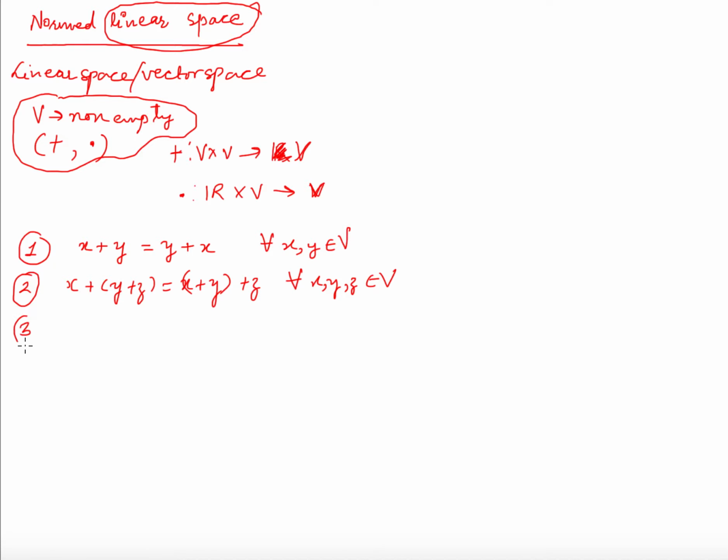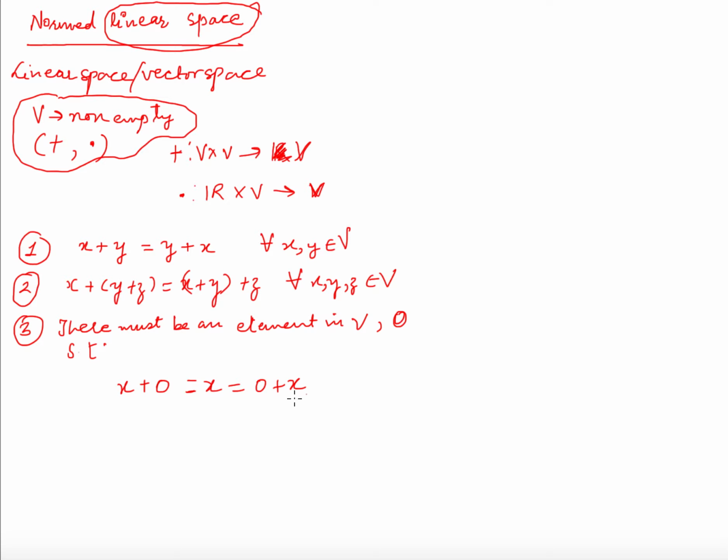The third is there must be an element in V. We denote that element with 0. This is just a notation, such that if I operate this plus operation on any element of V with this 0, I should get that element back.